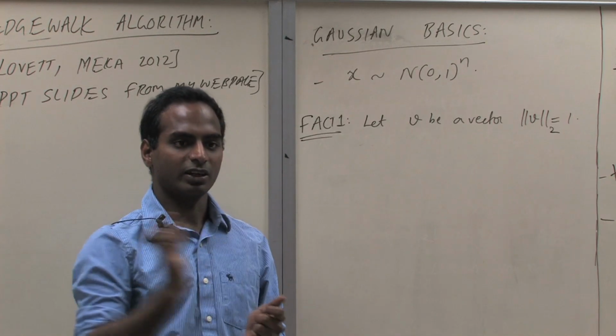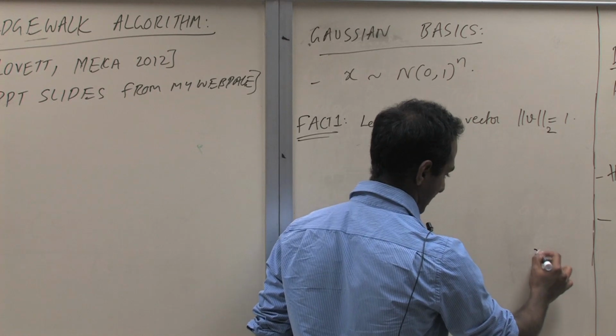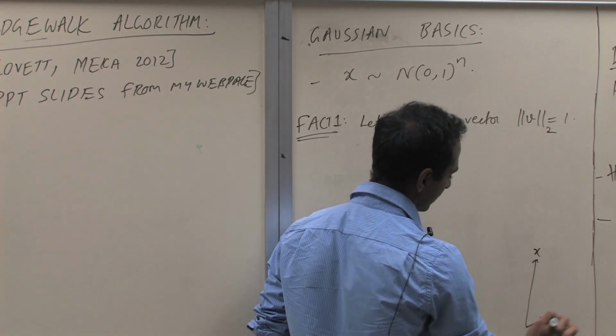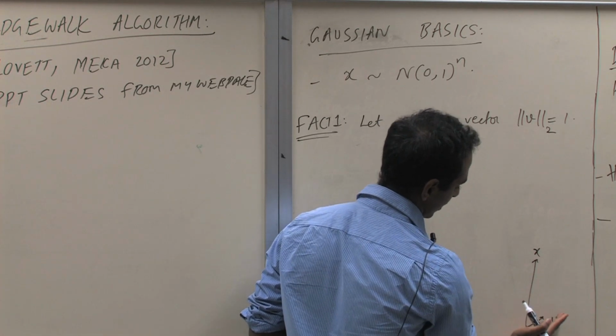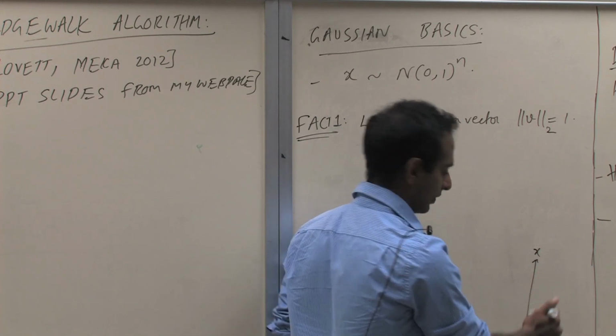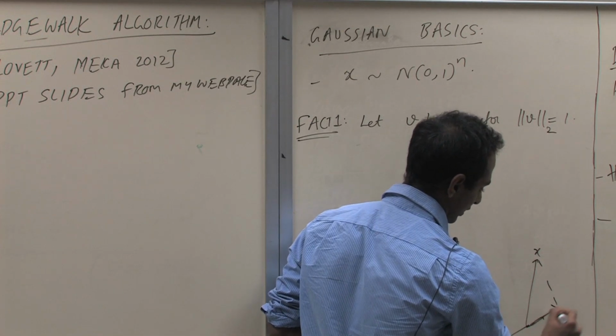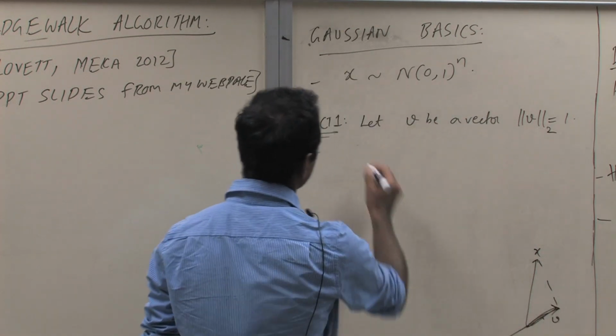If I project along that direction, say you have your x here and v here, projecting along that direction corresponds to taking the inner product of the two vectors. So I want to look at the inner product.